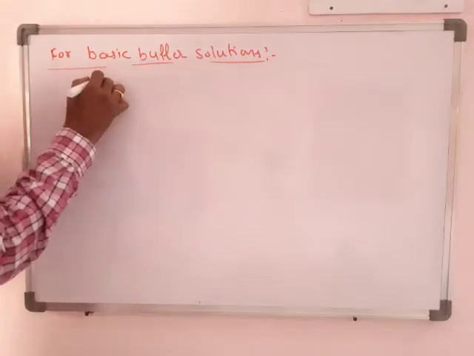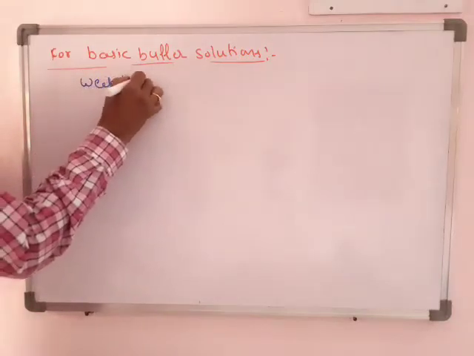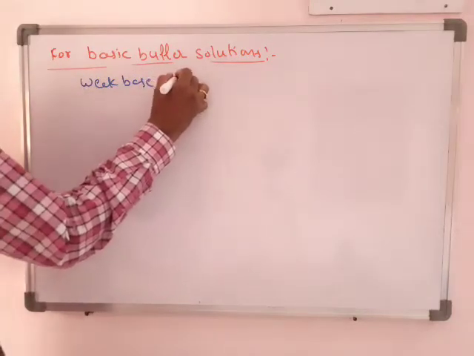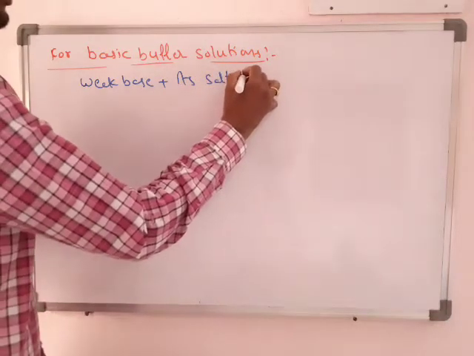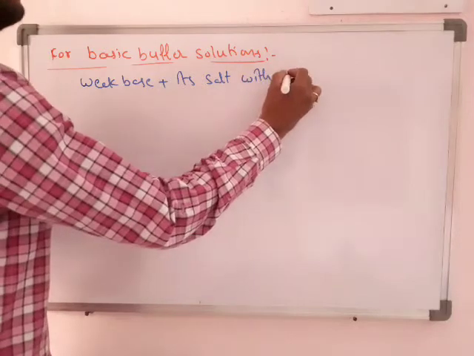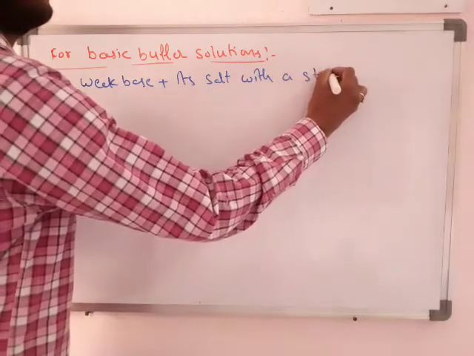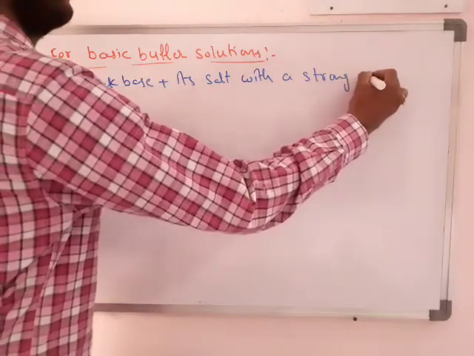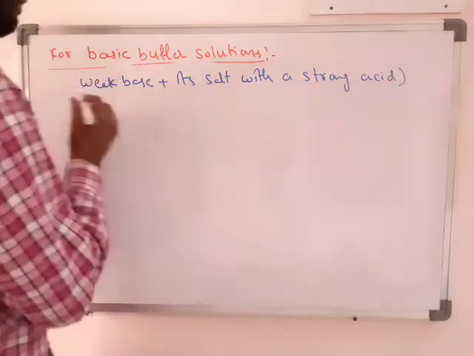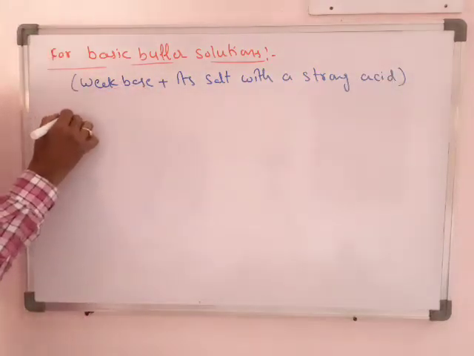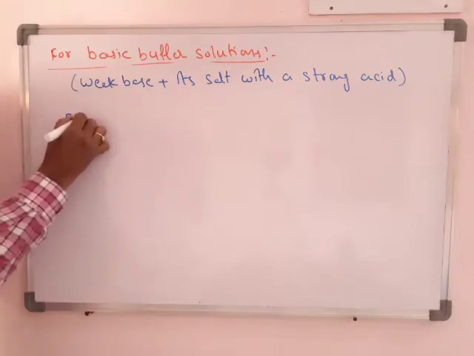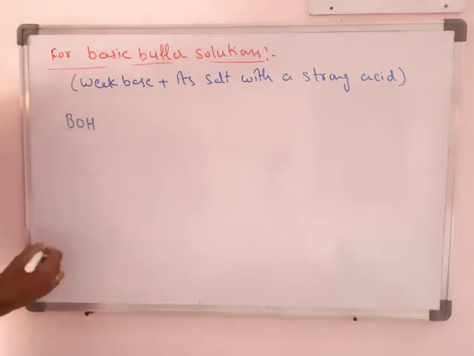So any basic buffer contains weak base plus its salt with a strong acid. Here we are taking a weak base. Generally we know that weak base we take in terms of BOH.